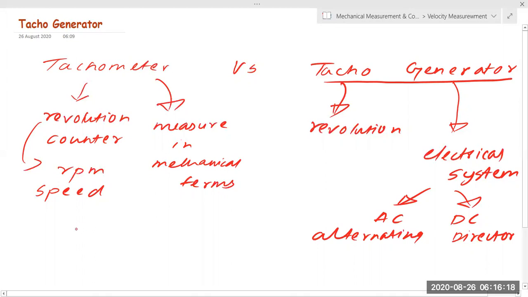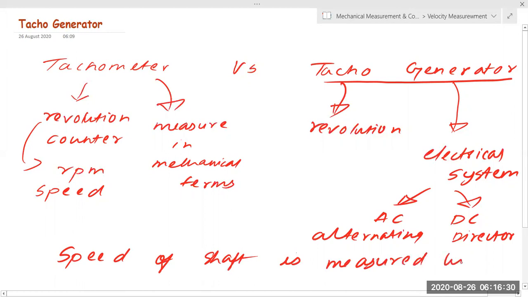So if I want to write tachogenerator, it means speed of the shaft is measured by electrical means. This can be of two types, AC type tachogenerator and DC type tachogenerator. We should remember this very clearly before proceeding forward.